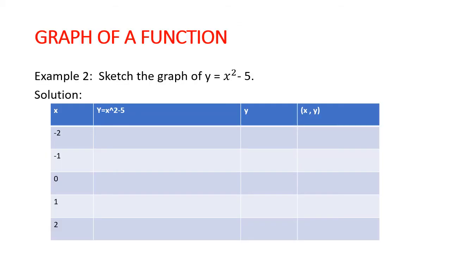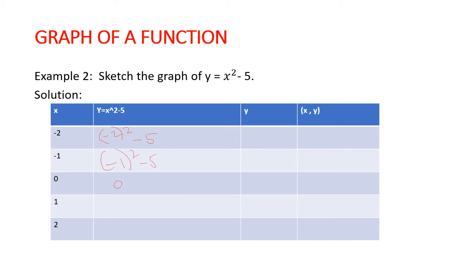Sketch the graph of y equals x squared minus 5. So the same as earlier in example 1, you have to solve the value of this one. So this is equivalent to minus 2 squared minus 5. This one is minus 1 squared minus 5.